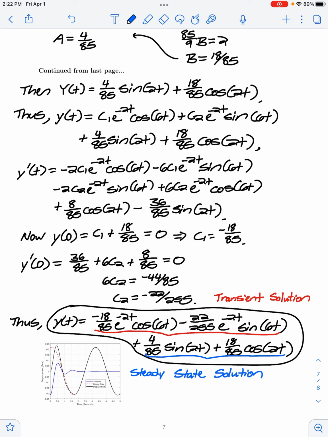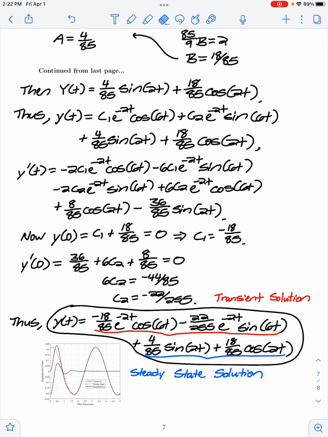And then for the very last part of this problem, we were asked for the resonance frequency of this system. So what would be the frequency of the external forcing function that would produce the largest amplitude response for my steady state solution. So in the first part of this section, we had derived a formula for the resonance frequency.